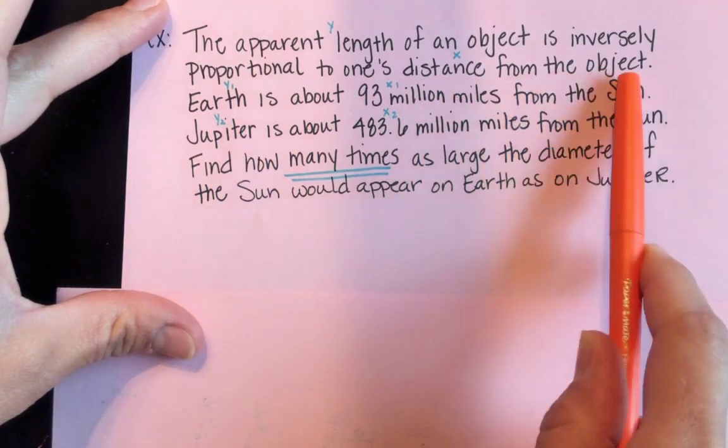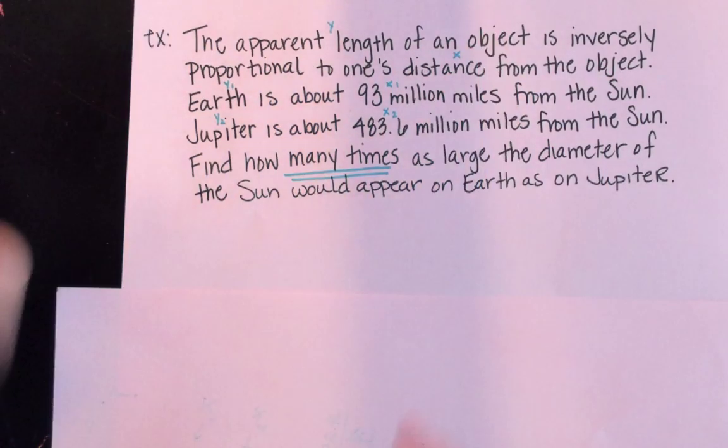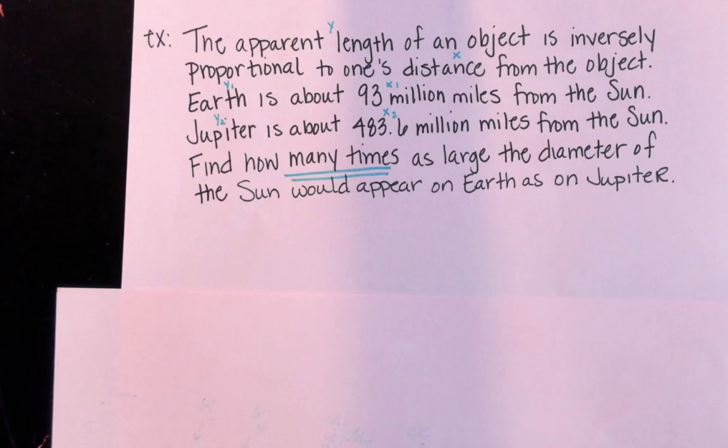Now, the apparent length, meaning what it looks like. Of course, if you're sitting someplace, and I know you've all done this, where you're sitting away from somebody and you close one eye and you use your two fingers to kind of pinch the size of the person's head you're looking at, or you're approximating how high a tree is, and you use your thumb and your forefinger to measure how big it is. That's kind of what this is talking about.